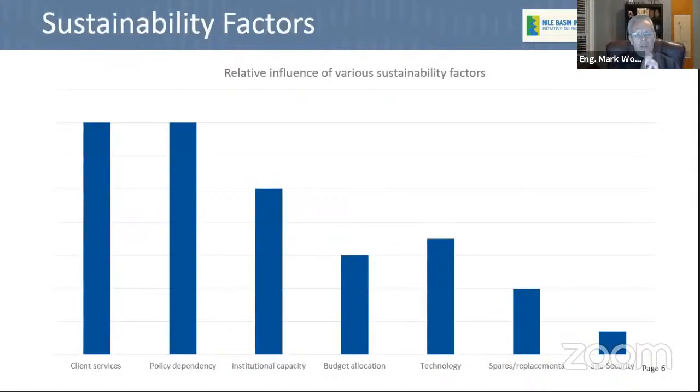Yesterday, we talked about this graphic of sustainability factors, and I want to show how this relates to that list previously. Client services is what motivates the production of information. Normally, I wake up at 5 o'clock or 6 o'clock in the morning. And if you tried to wake me up at 2 a.m., you would have a hard time getting me out of bed.